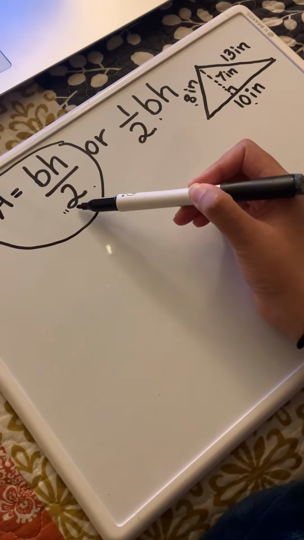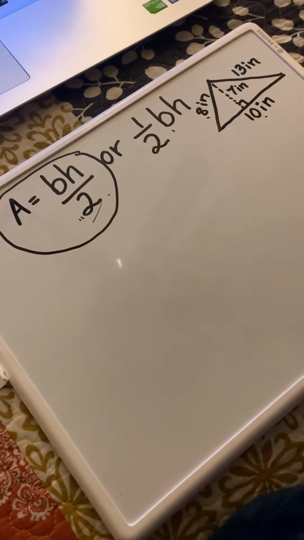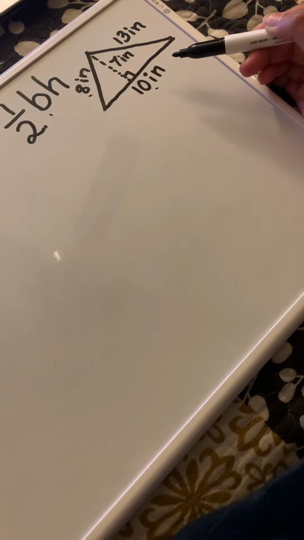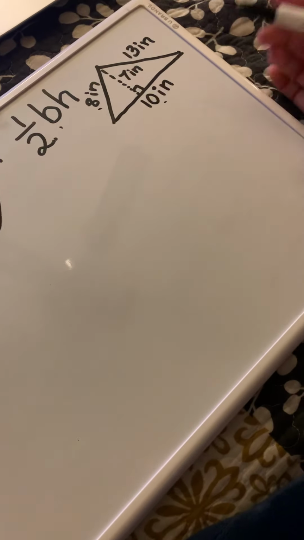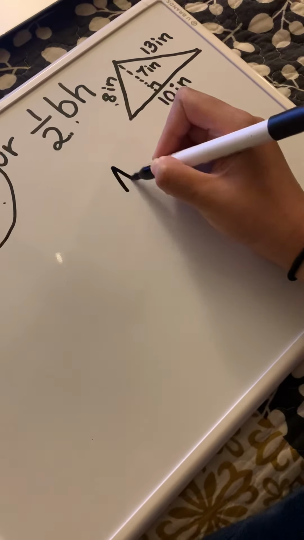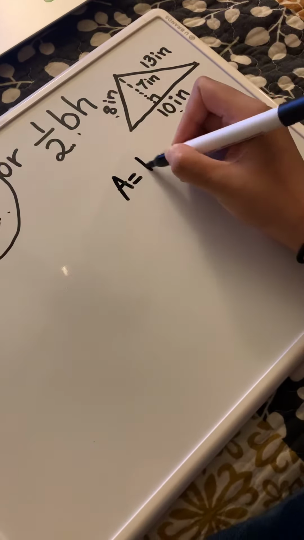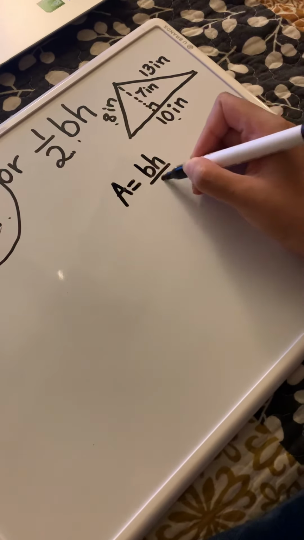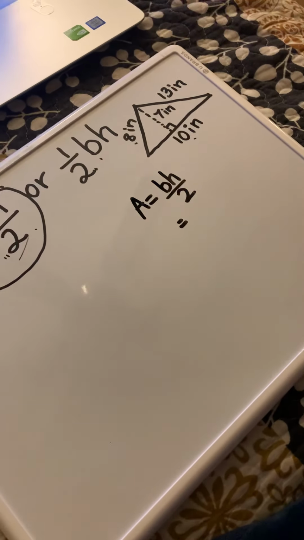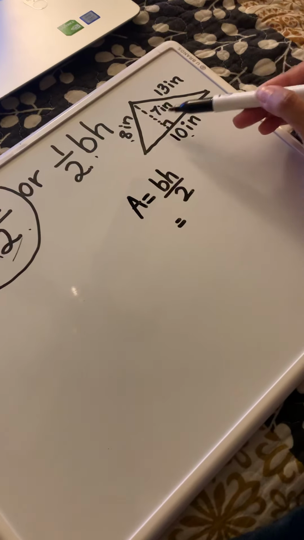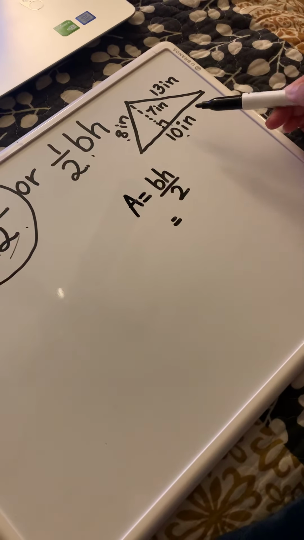However, we have another step. To find our solution, we have to do the division by 2. So in this triangle, I'm going to rewrite the area formula, which is base times height divided by 2. I'm always going to look for that little square.